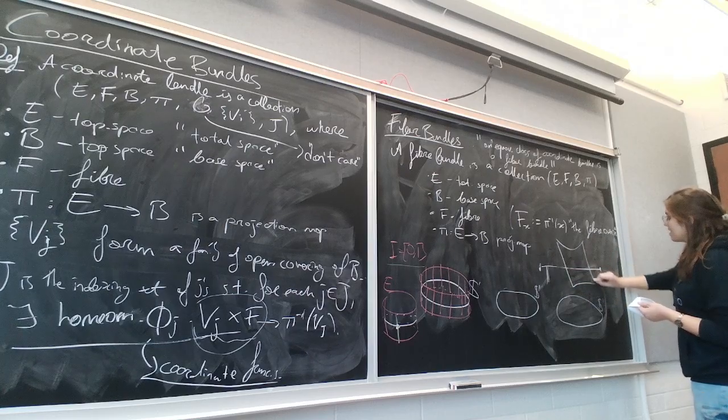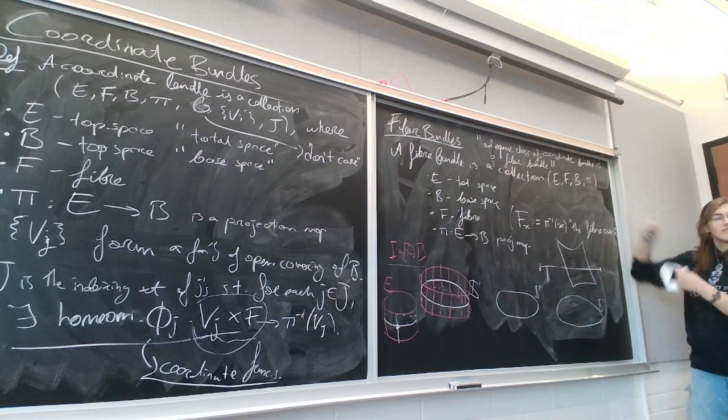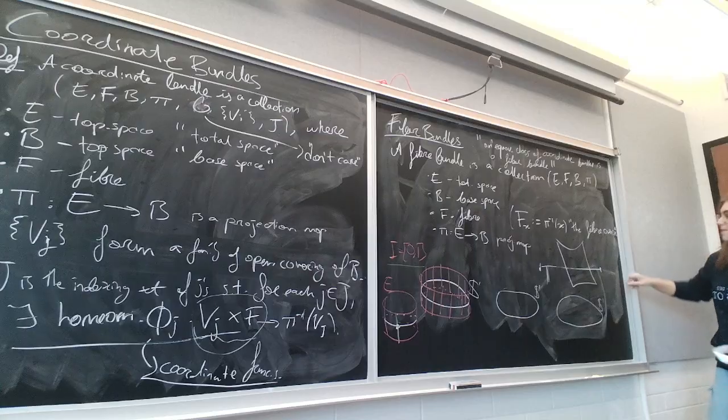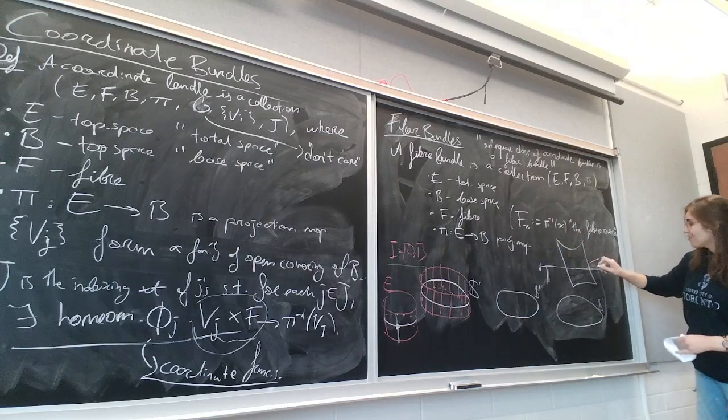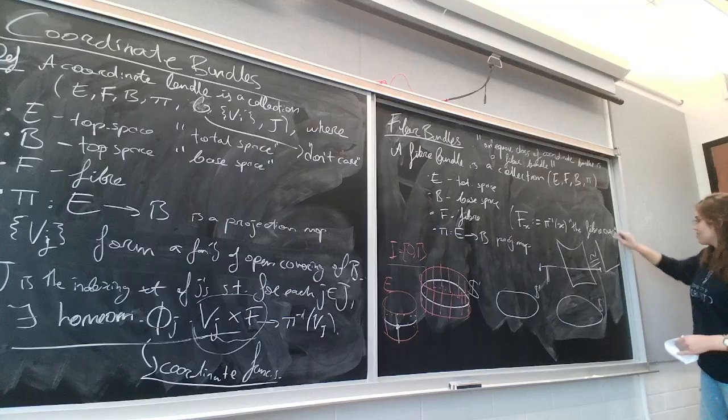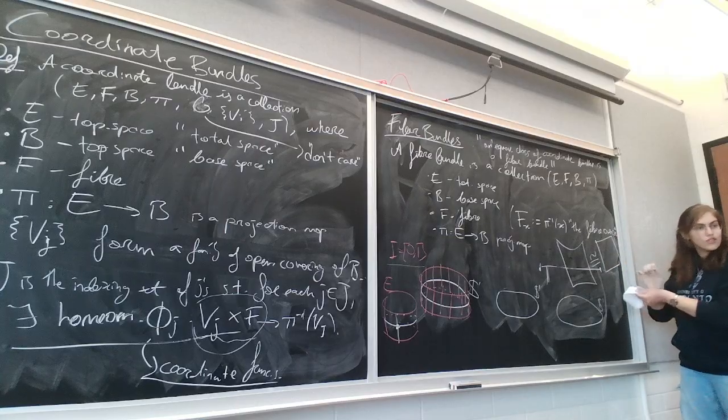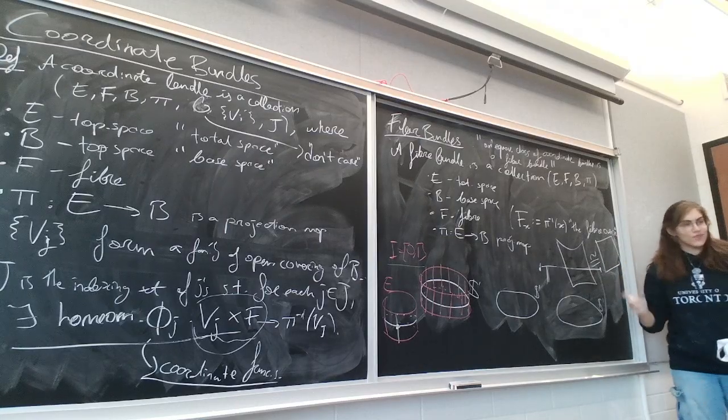Maybe something like this. You see there's some wrinkles on it, but at the end of the day, this is homeomorphic to the square. I can just push the paper and locally it will just be the square.